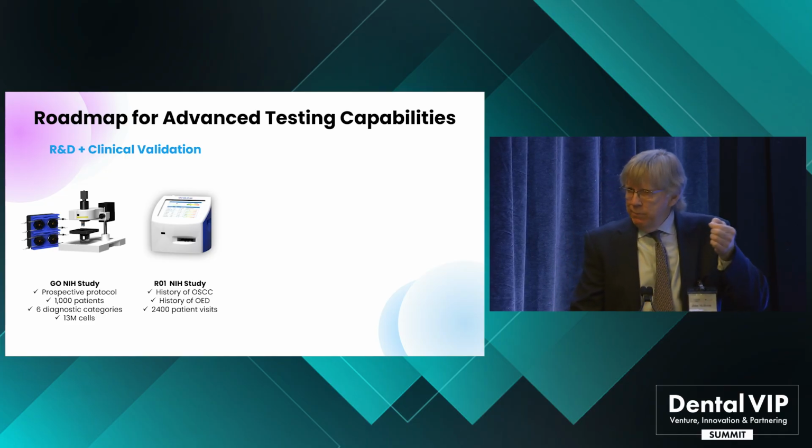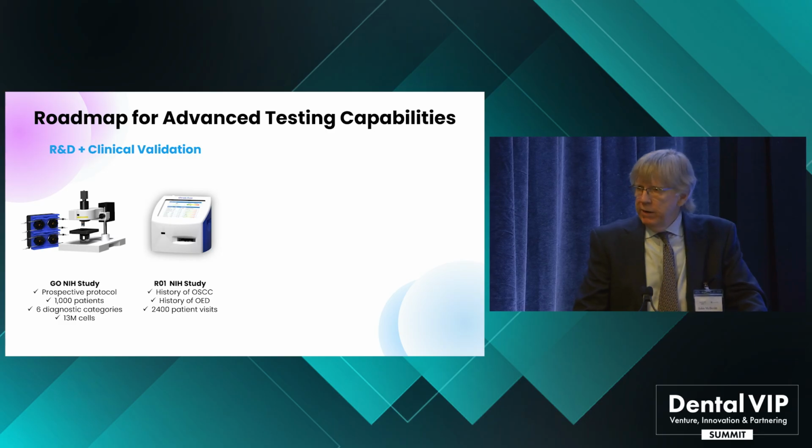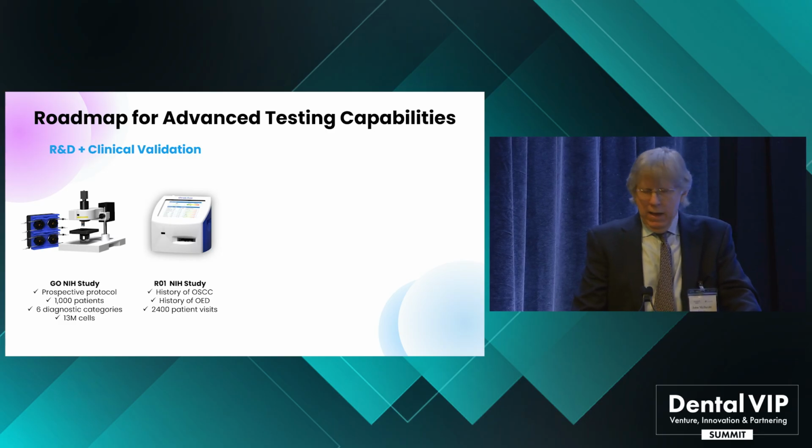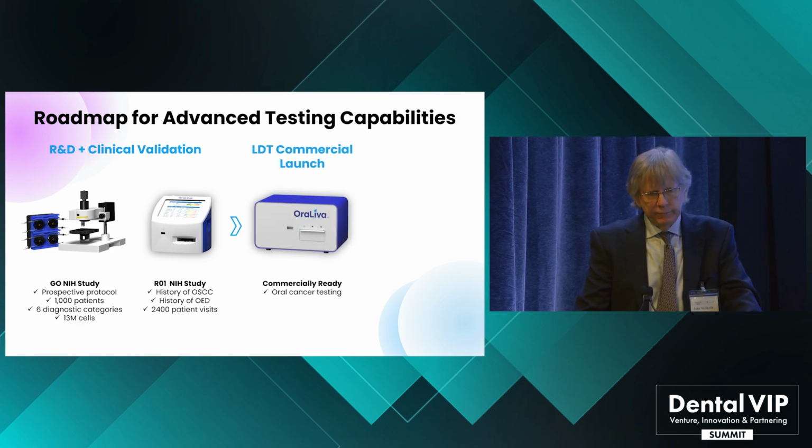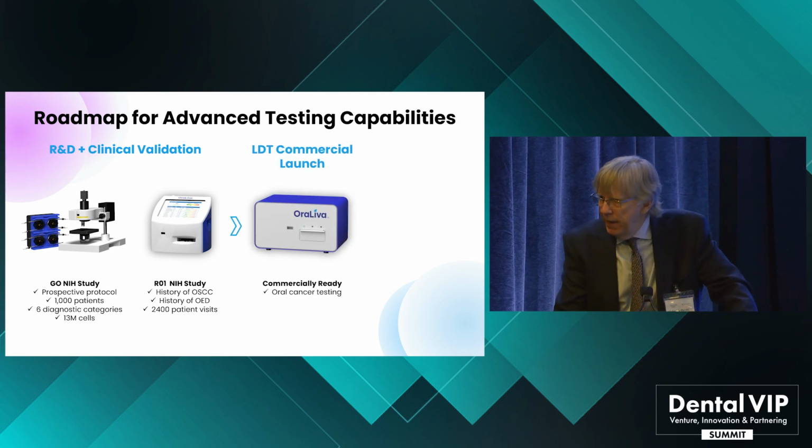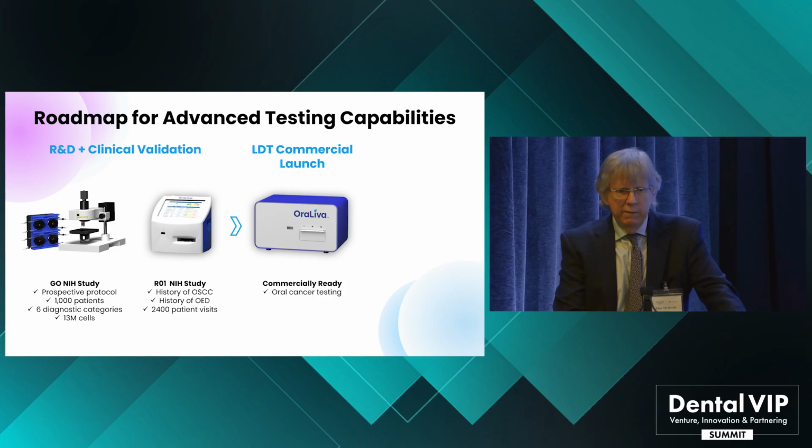We are actively pursuing secondary and tertiary care higher risk patients and looking at recurring cancer and malignant transformations. So we're happy to say that OraLiva last week opened the door, and we're now accepting commercial tests.